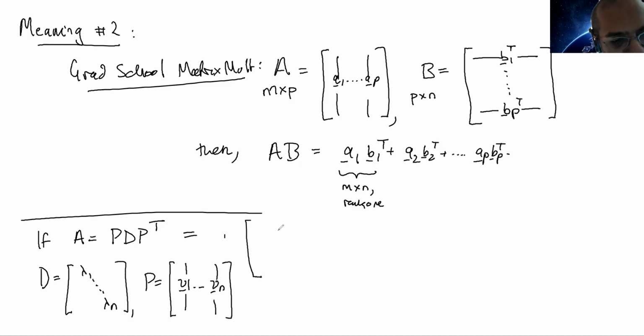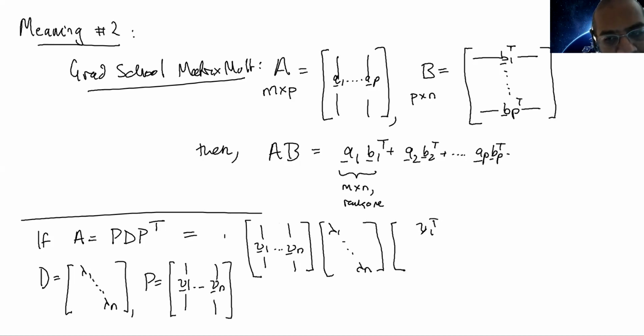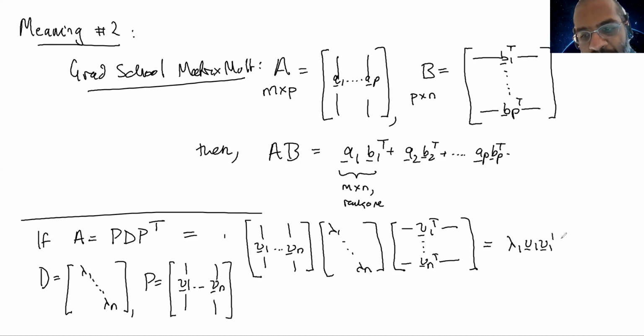It looks like U1 up to UN times the diagonal matrix D times the transpose. If you apply this new way of looking at matrix multiplication here, you get that this is literally lambda 1 U1 U1 transpose plus lambda 2 U2 U2 transpose plus all the way up to lambda n UN UN transpose.